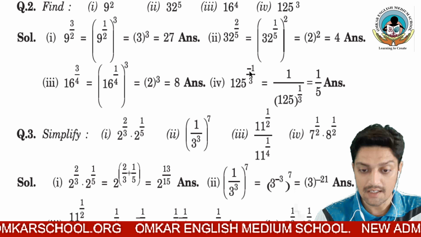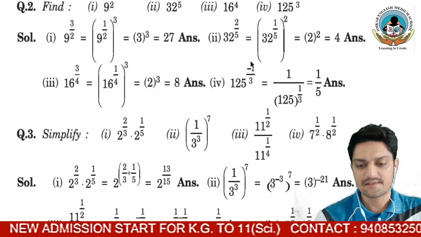So 1 upon x, this full term will come as 1 upon 125. Now, since we have written it in the denominator, the minus power will become plus, and it is actually the cube root. 1 by 3 power means what? Cube root. So what is the cube root of 125?